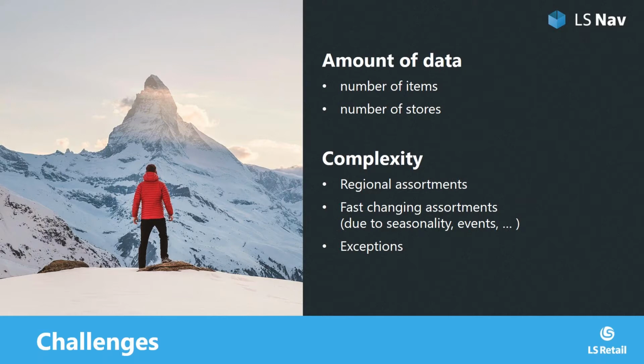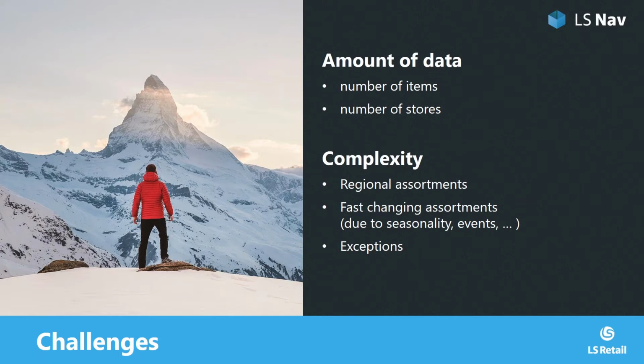And then we have complexity. Today's customers are more demanding than ever. They expect to get the products they want in their favorite stores. Local differences in the store assortment have become a normality in the meanwhile. Grocery stores, for example, have products from local farmers or producers. In fashion stores, differences in the assortment due to regional differences are a normality.